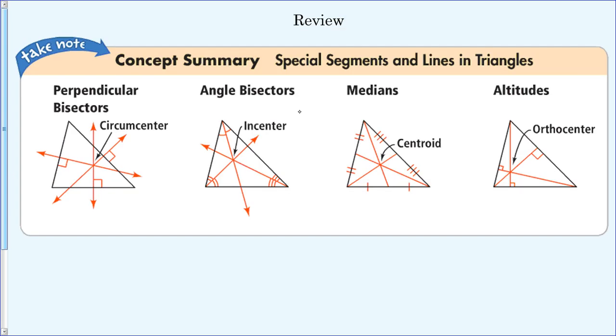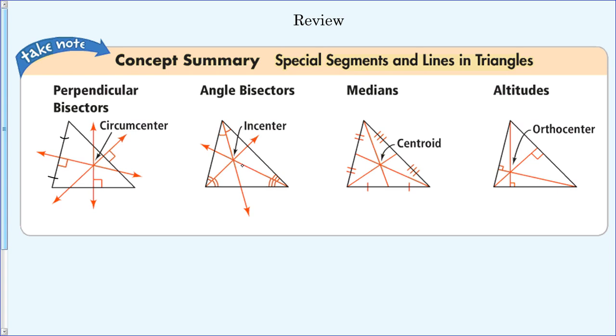Okay? And here's kind of a review. I know we've gone over a lot of different centers, so to speak, of triangles. Here's kind of a chart that wraps all four of them up together. Our perpendicular bisectors, remember, is the circumcenter. So that goes perpendicular from the midpoint of one side through the triangle. So all of these segments here are congruent, and that's your circumcenter.